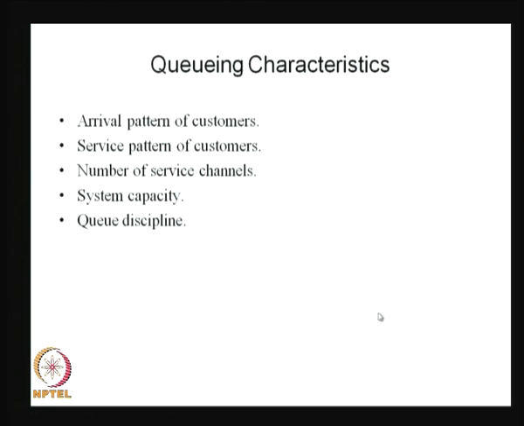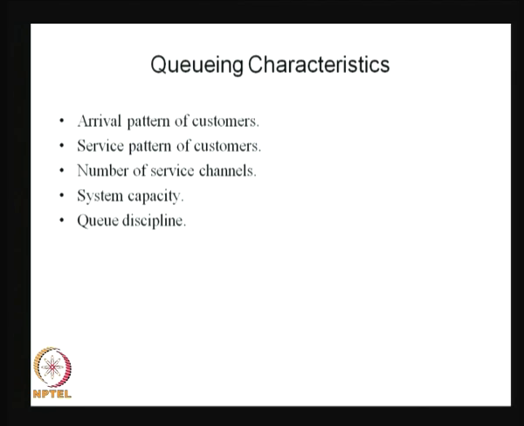For that you need the first information, that is the arrival pattern of customers. How the customers are entering into the system, how frequently, whether the customers are coming at a constant interval of time or in a random fashion. If it is constant, then we say the inter-arrival time is deterministic.